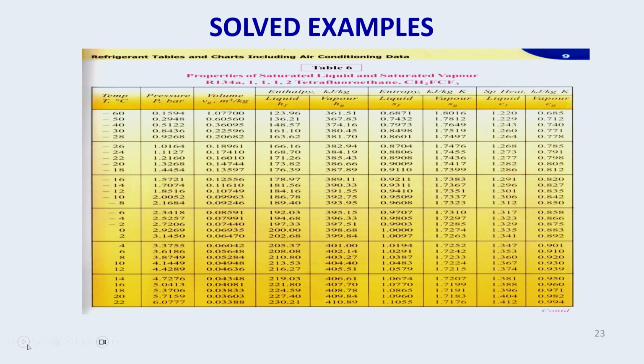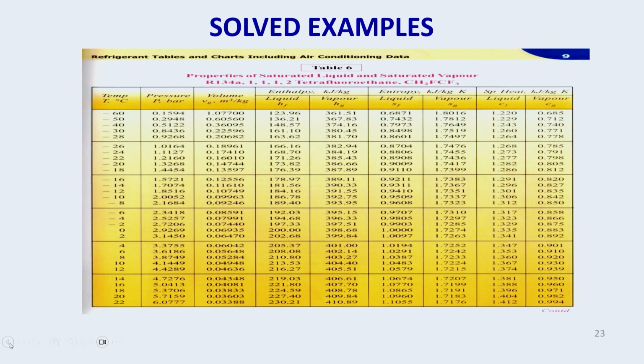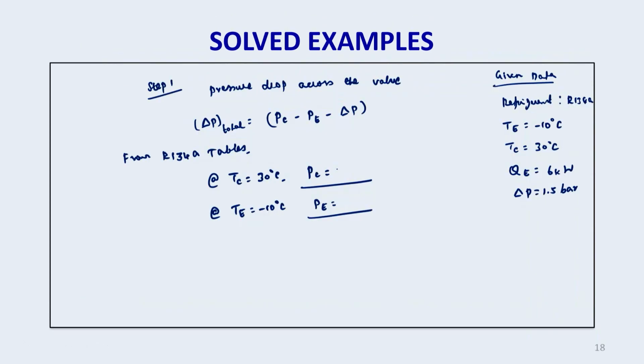Corresponding to 30, this is 7.7 bar, let me underline it. And corresponding to minus 10, it is 2 bar. That's what I have written there.